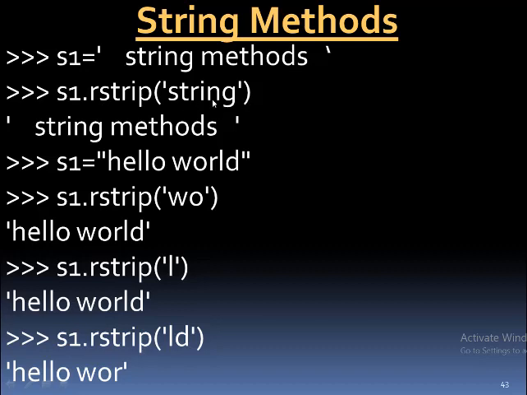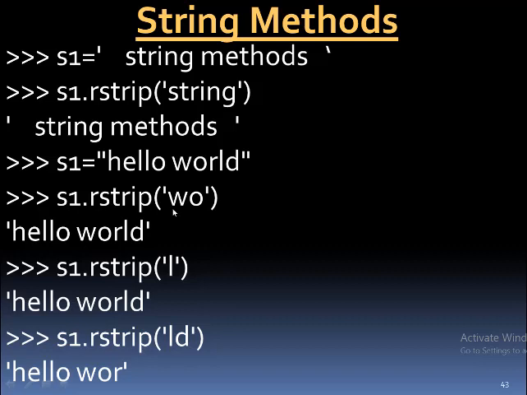If you write rstrip on this string, on the right hand side these characters are not here, no combination also, so nothing will be removed, and you will get the output same as that of s1.